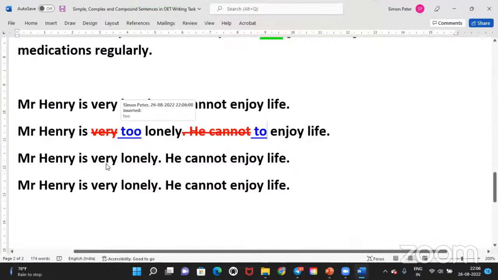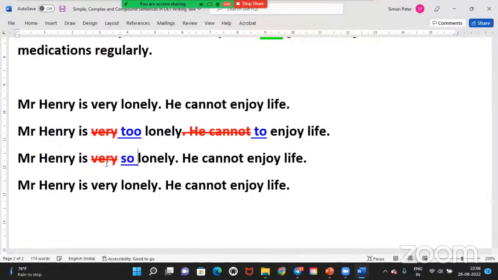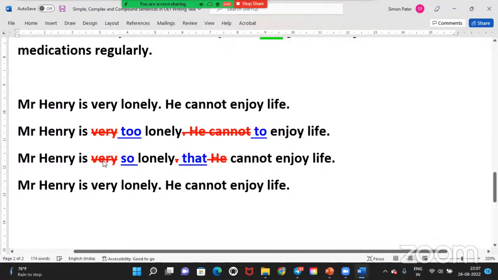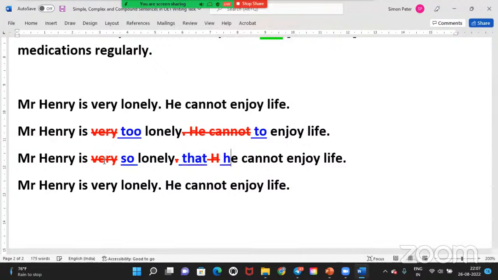Mr. Henry is so lonely, remove this, that. Remove the capital letter and put a small letter. Mr. Henry is so lonely that he cannot enjoy life.